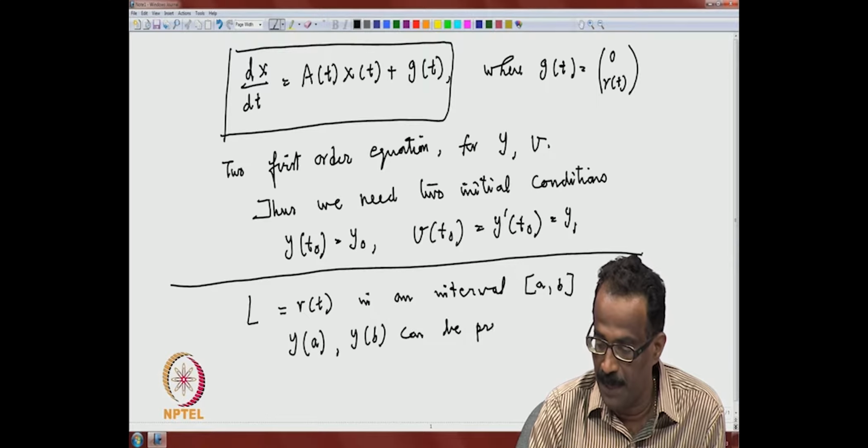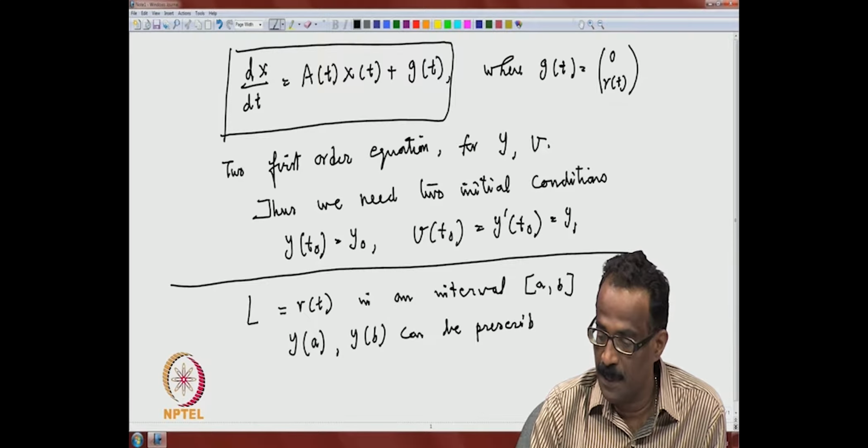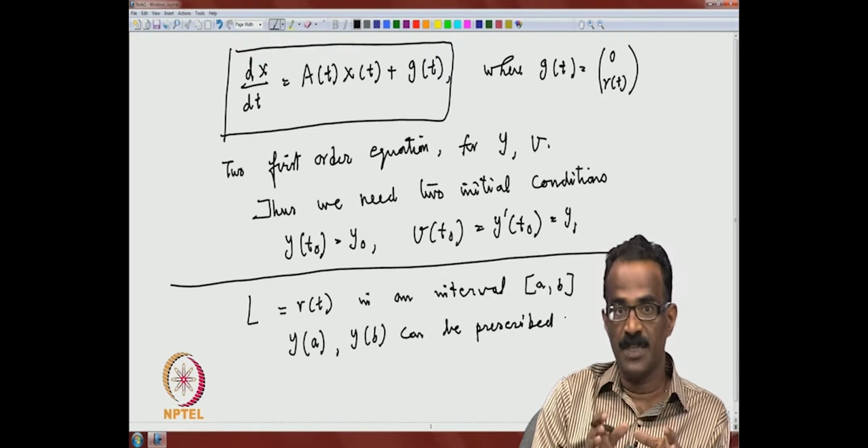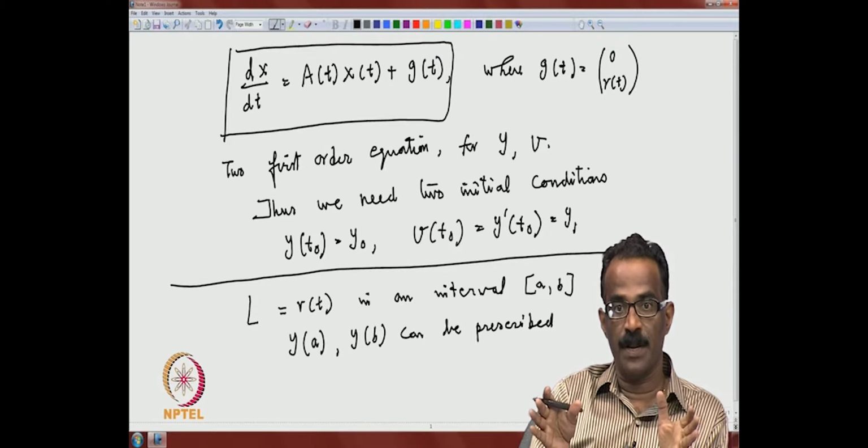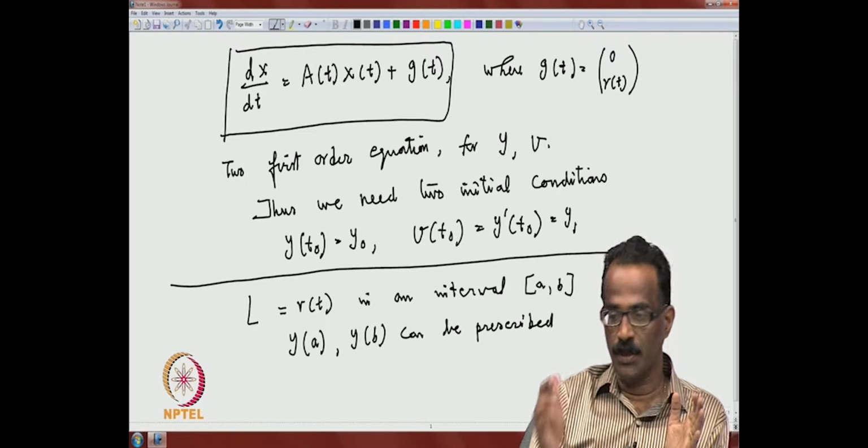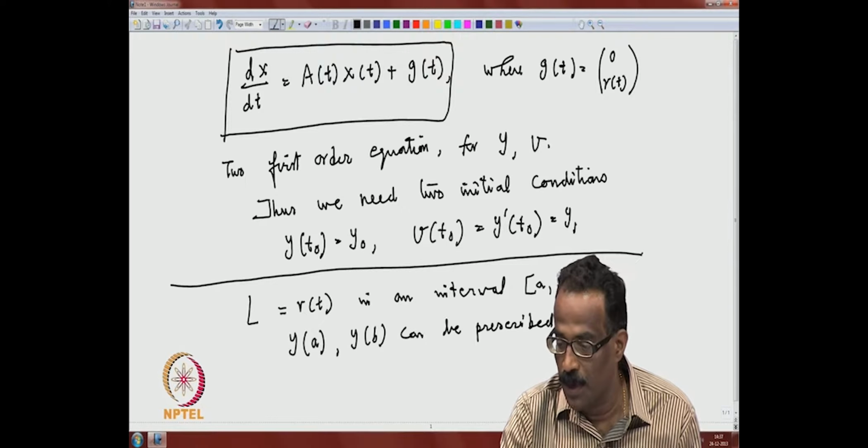There are many interesting physical problems where a second order equation comes in an interval with boundary conditions. These are called boundary value problems.